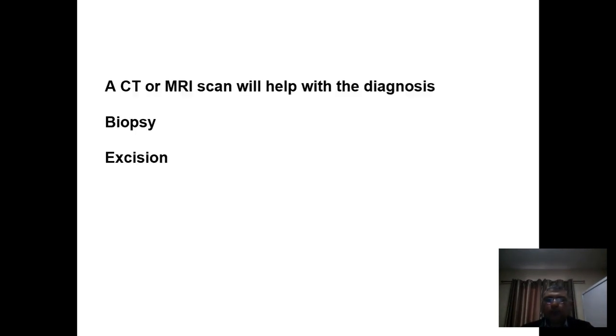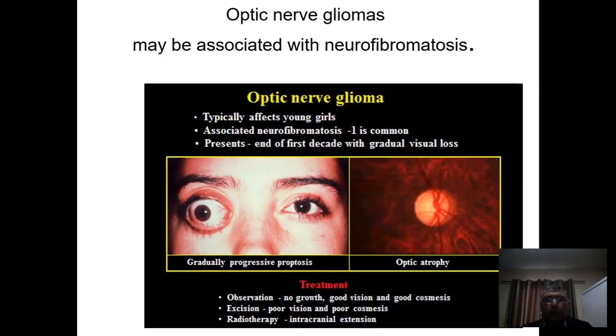Usually we do CT scan and MRI, and biopsy for the diagnosis, and sometimes we may resort to excision of these masses to diagnose the condition.